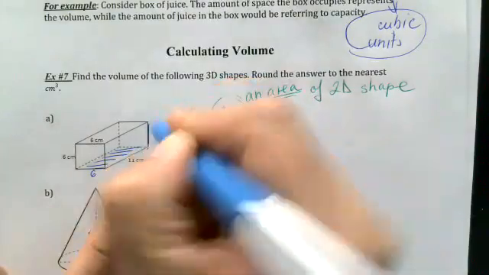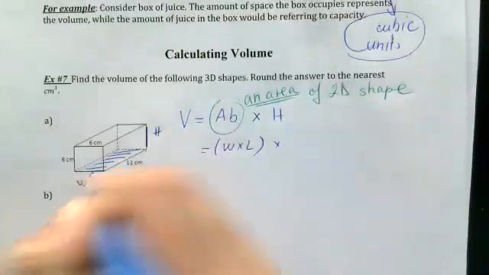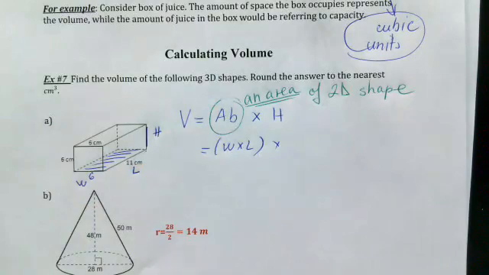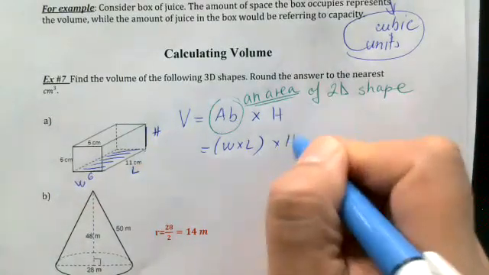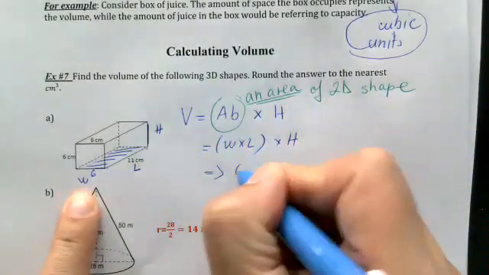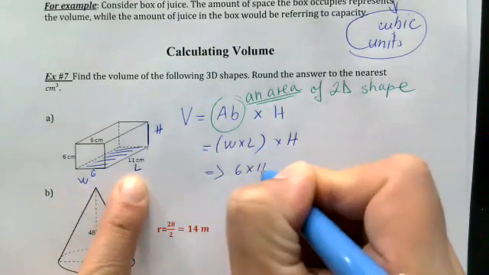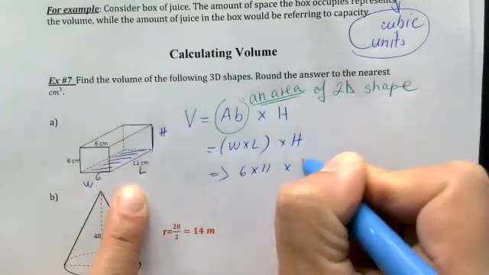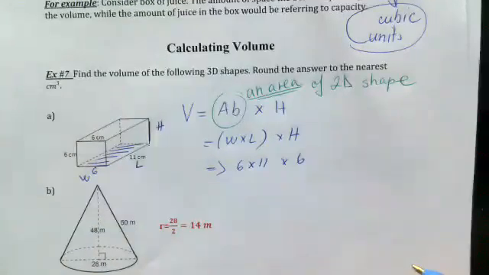This is going to be the height. Therefore, the width is 6, the length is 11, and the height is 6 again. So 6 times 11 and times 6 again.